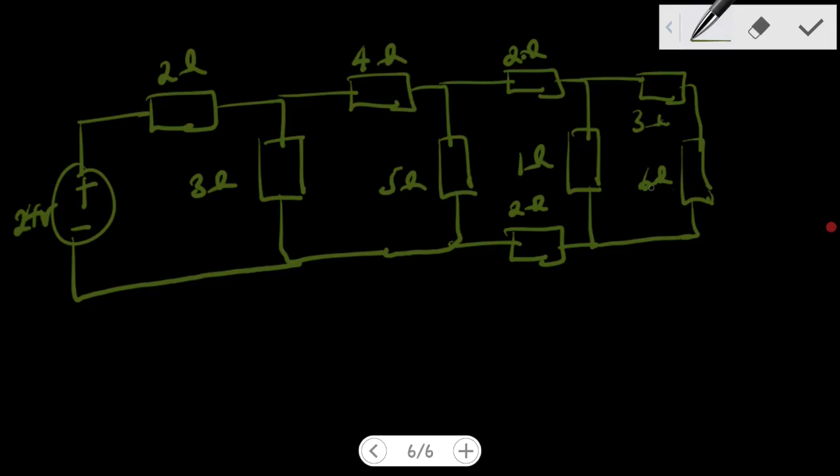Now, if I start from here, look at the 6 and the 3, they are in series, right? Let's first resolve that and then we move to the next part.